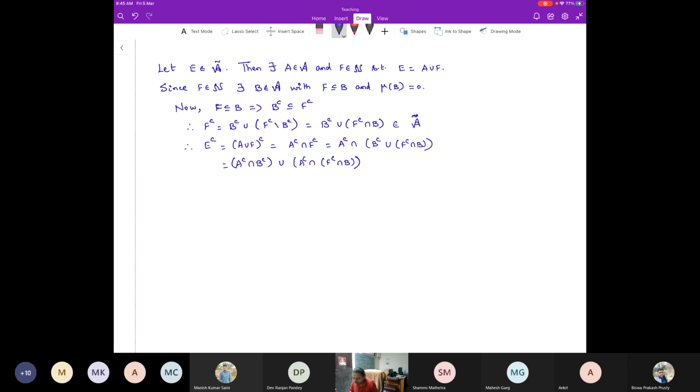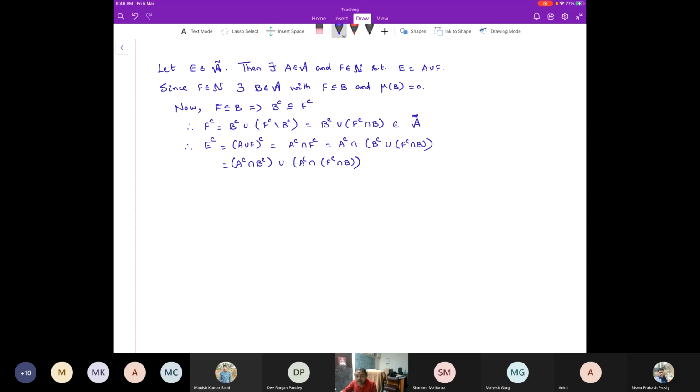The first set, A complement: A is a set from the sigma algebra A, and B is again a set from the sigma algebra A. Therefore, both A complement and B complement belong to the sigma algebra A, and hence the intersection does too. Now, B is a set from the sigma algebra A and its measure is 0.